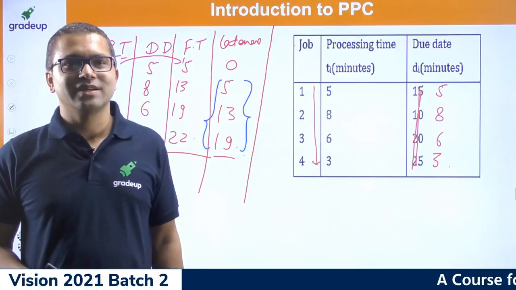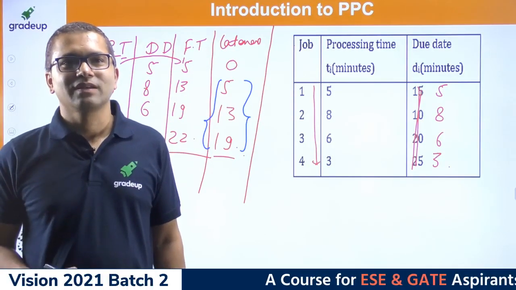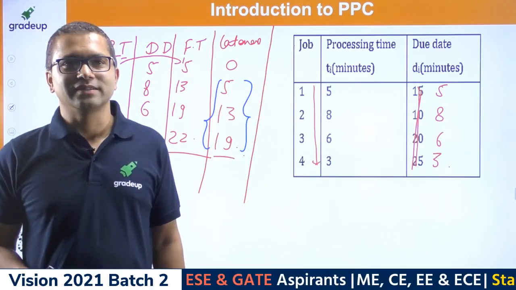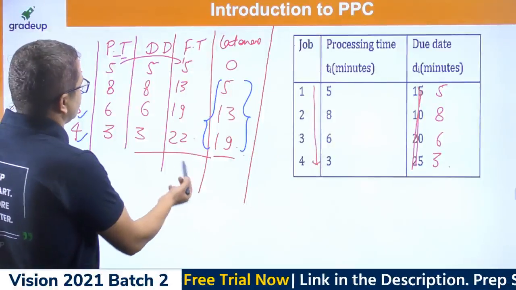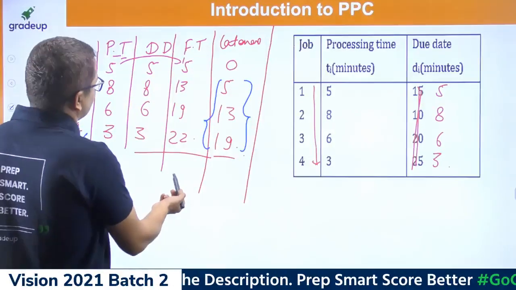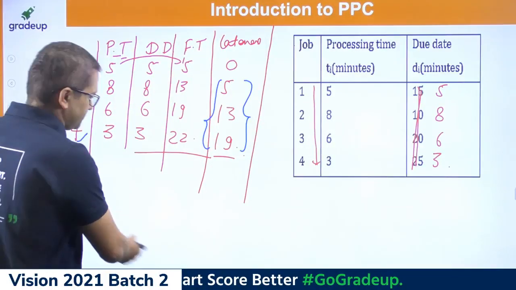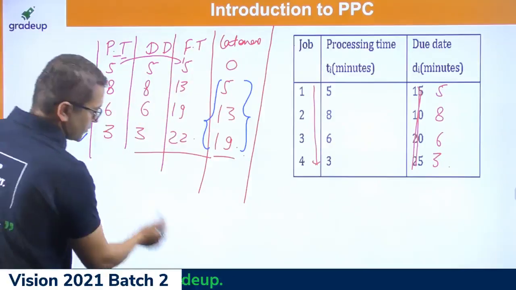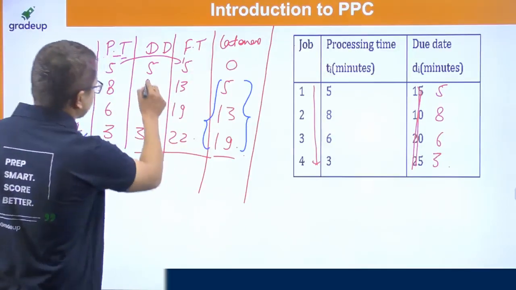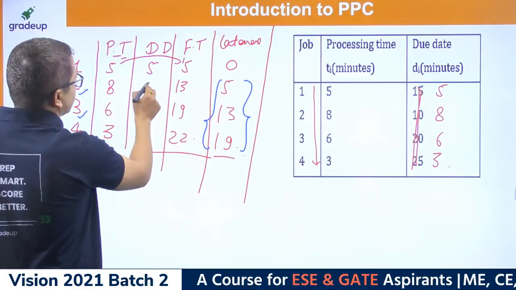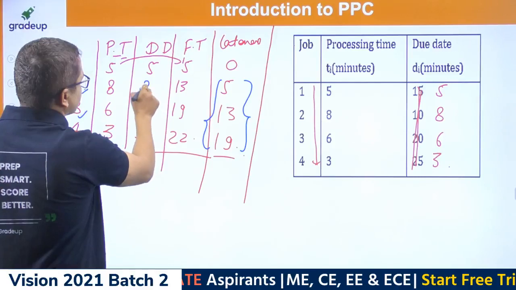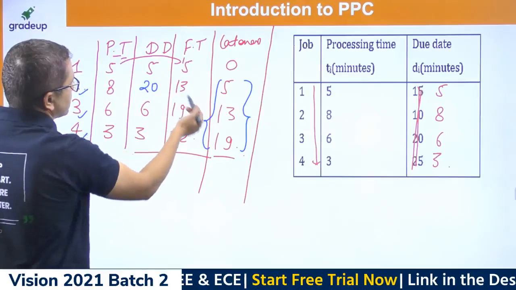Okay, Krishna says 0 are early. Exactly. So early means, let's say the due date is 20 and the flow time is 13.